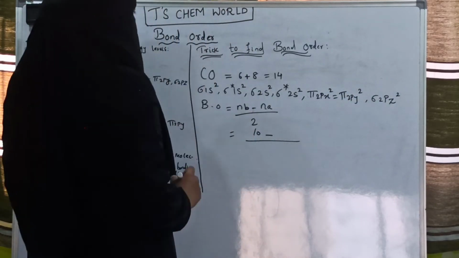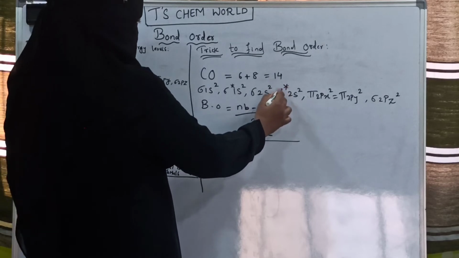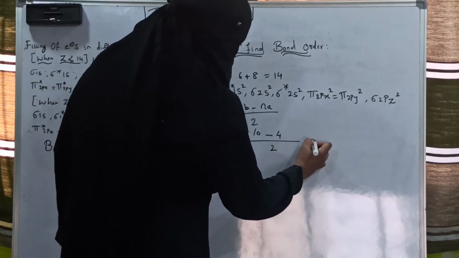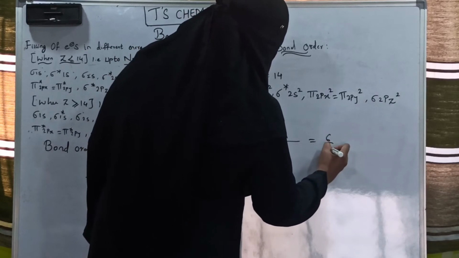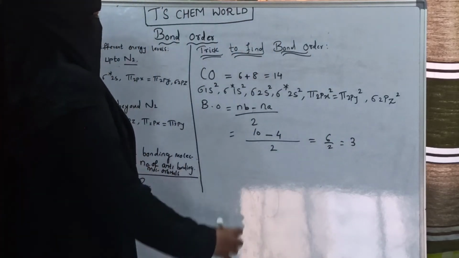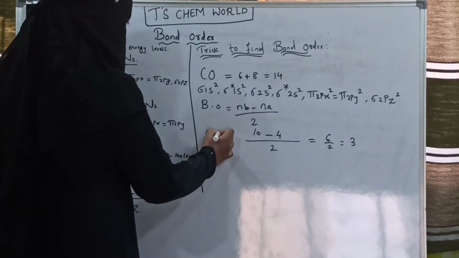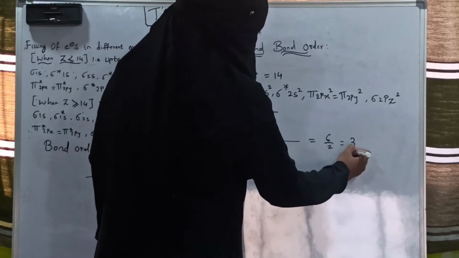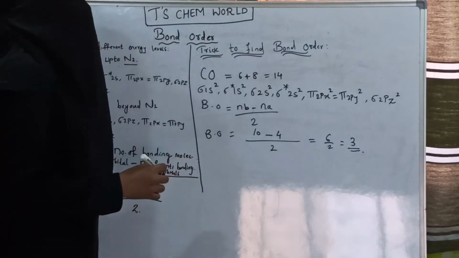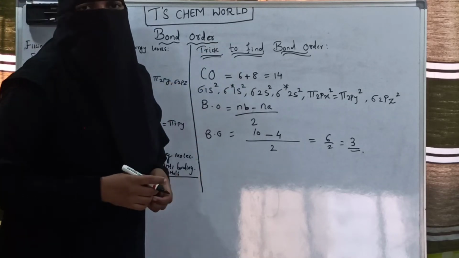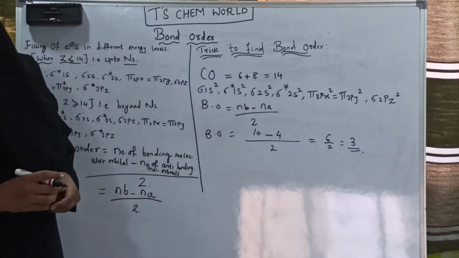Minus antibonding orbitals 2 plus 2, 4, divided by 2, that is 6 upon 2, which is equal to 3. So the bond order for CO is equal to how much? 3.